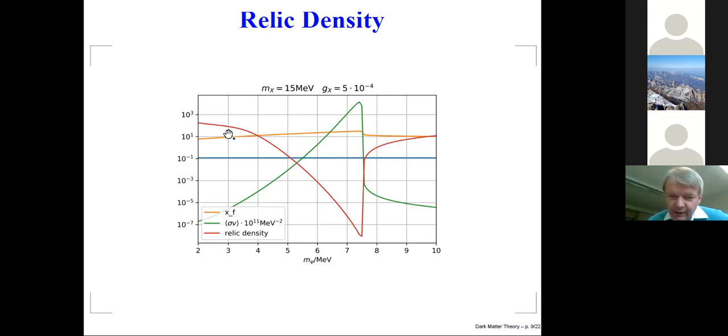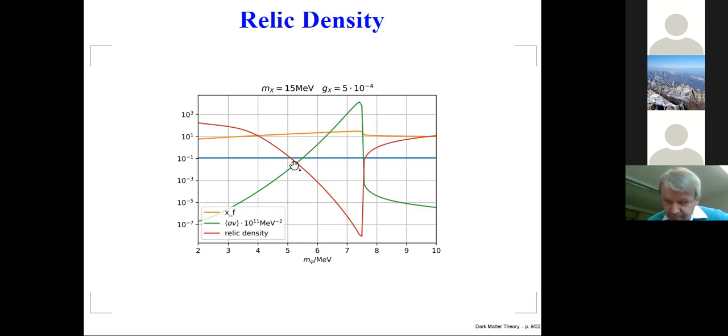Correspondingly, the relic density, the red curve, drops by several orders of magnitude. The desired value of 0.12 is this blue line. When you're away from the resonance, you can get relic densities which are 10 or even 100 here and here, so you have to be relatively close to the pole. And there's an asymmetry here.